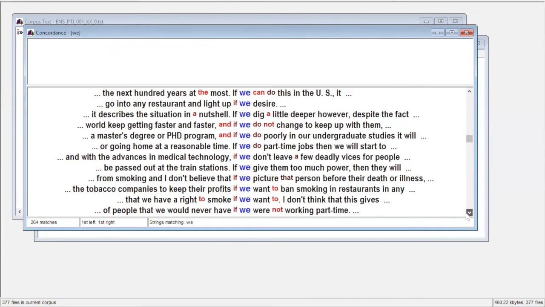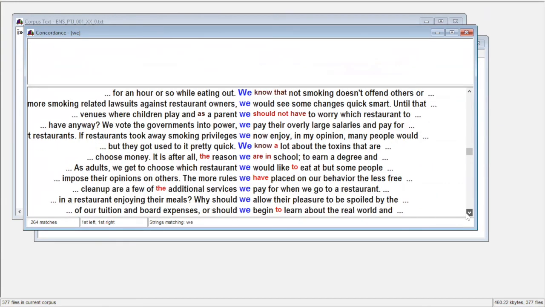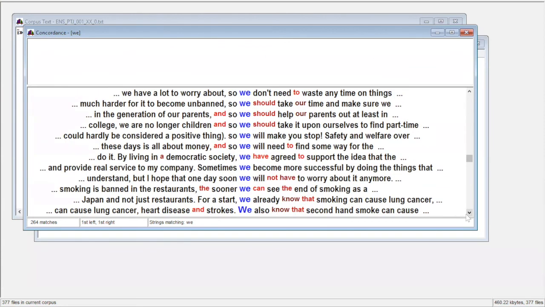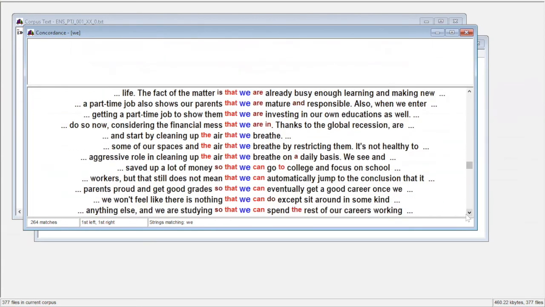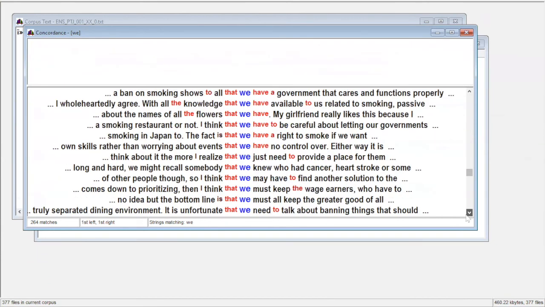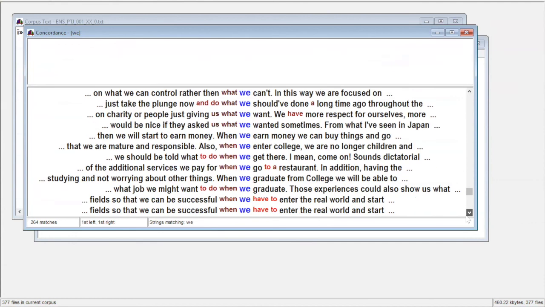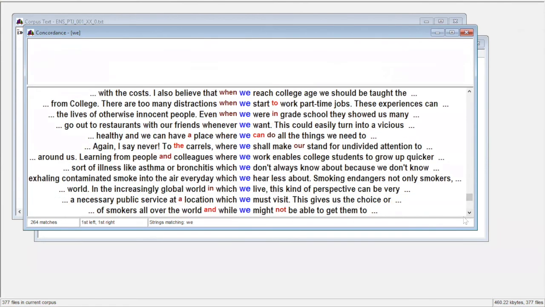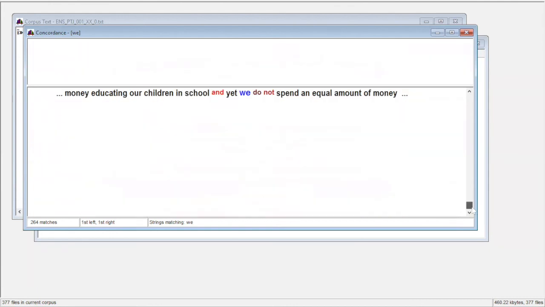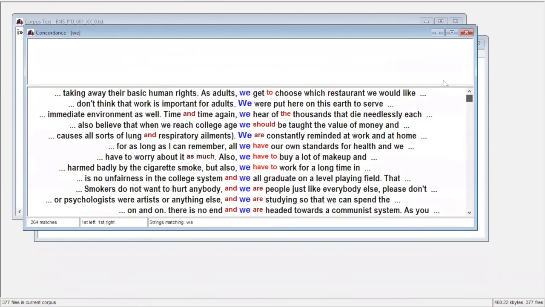If we do, so that was a similar usage. If we do something. And so we should, we can, we have, and so on. I think we should, but none of that "as we all know", that use of the phrase.